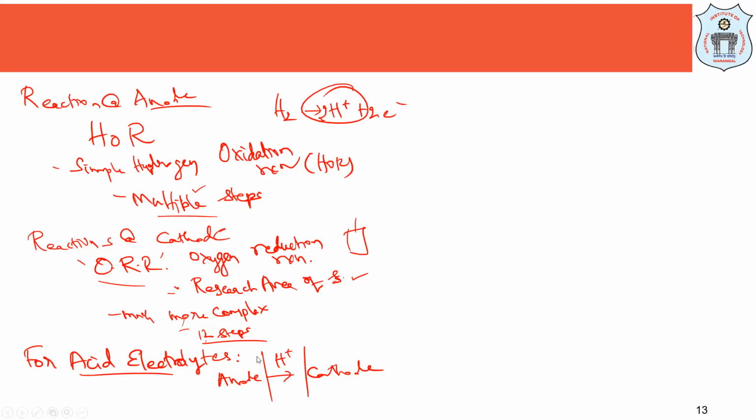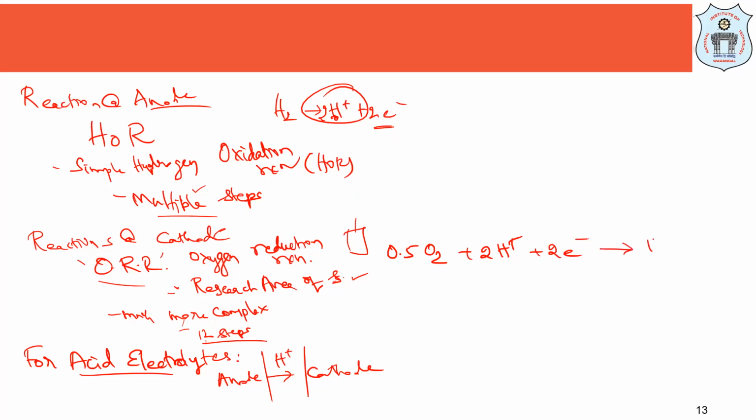So what is the ORR taking place? It is 0.5 oxygen plus the two H plus ions coming to this side, and through the external circuit, the electrons also come to the cathode side.